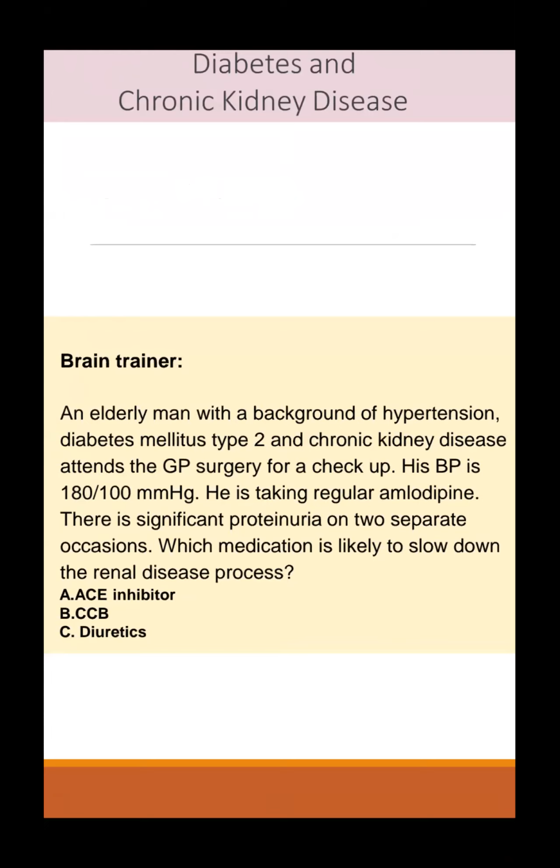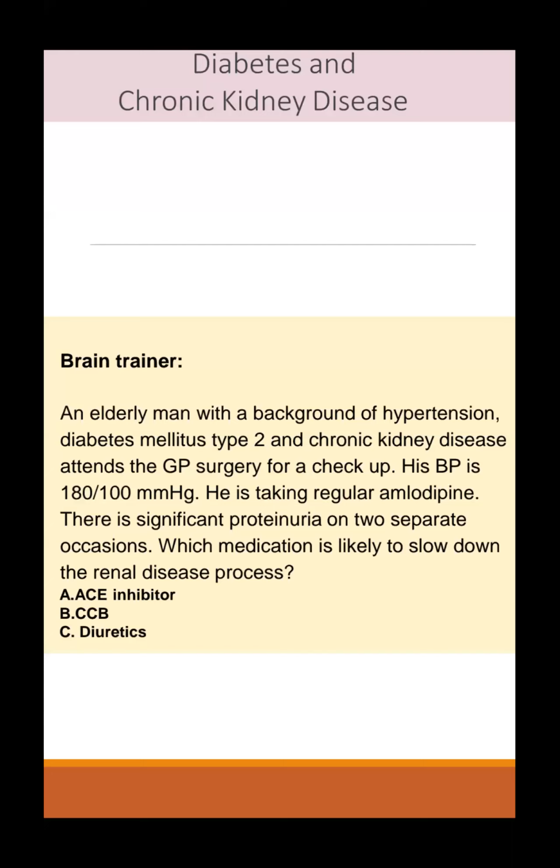Yes, ma'am. An elderly man with a background of hypertension, type 2 diabetes mellitus, and chronic kidney disease attends the GP surgery for a checkup. His blood pressure is 180 by 100 and he is taking regular amlodipine. There is significant proteinuria on 2 separate occasions. Which medication is likely to slow down the renal disease process? A. ACE inhibitors, B. Calcium channel blockers, C. Diuretics.